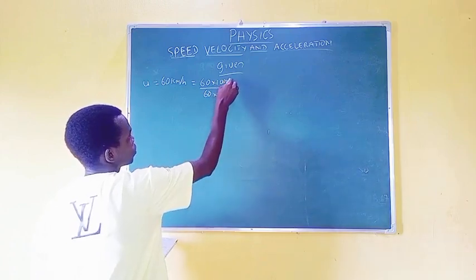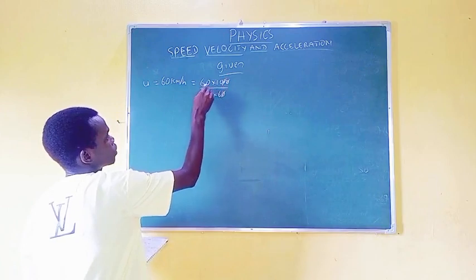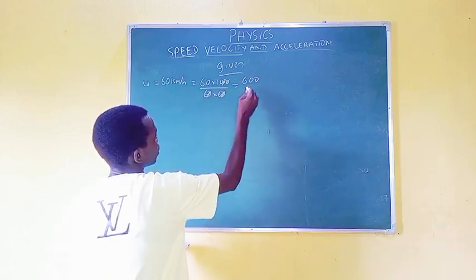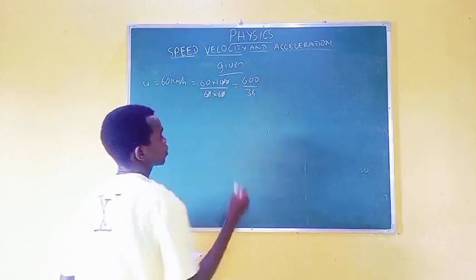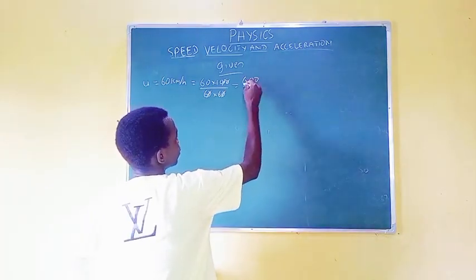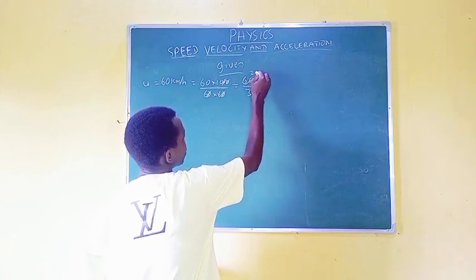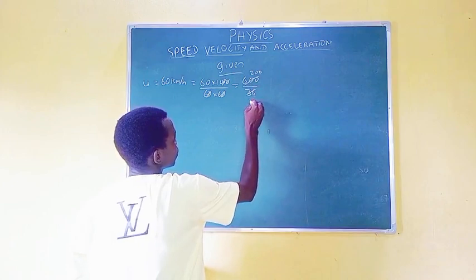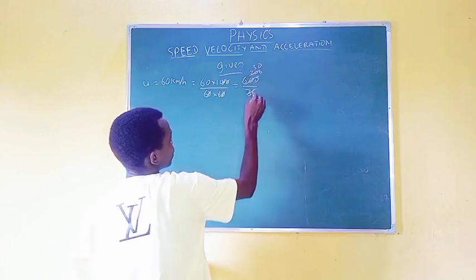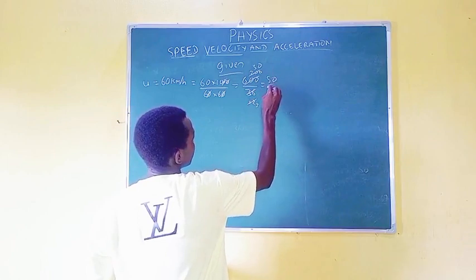Now 0 cancels 0, 0 cancels 0, because 60 times 10, we have 600, and 6 times 6, we have 36. And what can divide both sides? 3 can divide it: 3 into 600 we have 200, 3 into 36 we have 12. 4 goes into 200, we have 50, then 4 goes into 12, we have 3. Becomes 50 over 3.